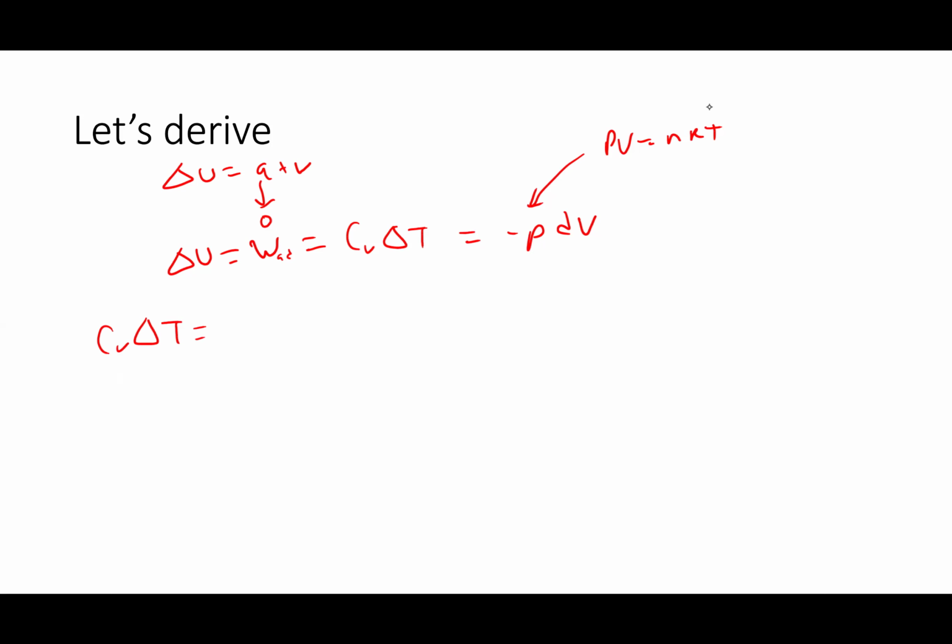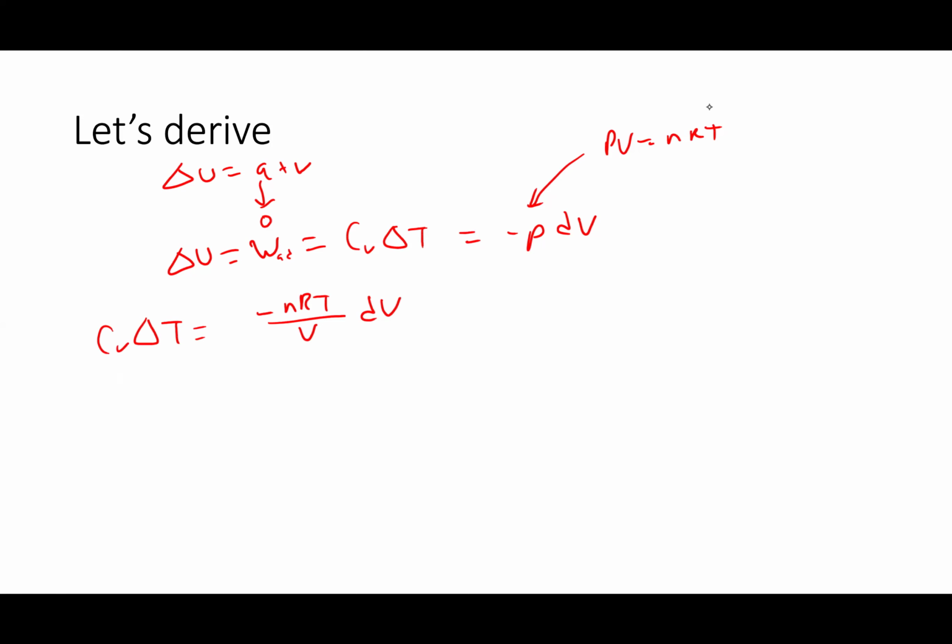On the right-hand side, we'd get negative nRT over V dV.